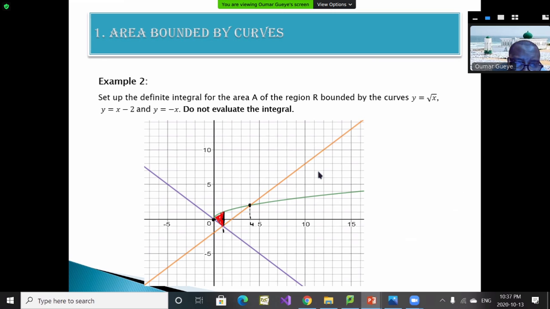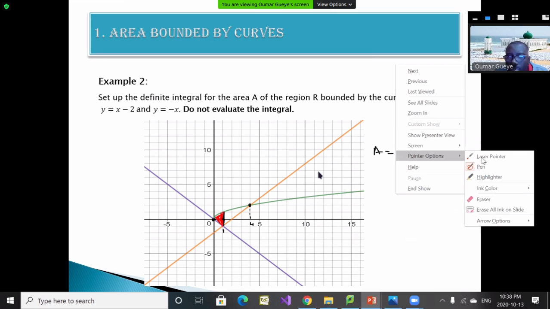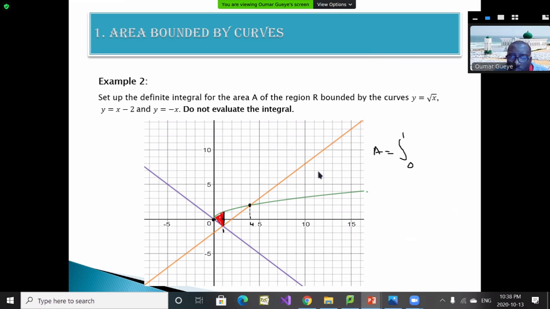If you calculate the red area, the red region, the area is going to be the integral from 0 to 1. And you guys can see from the picture, if you integrate from 0 to 1, the curve on the top is the green curve, and the green curve is root of x. So this is root of x.